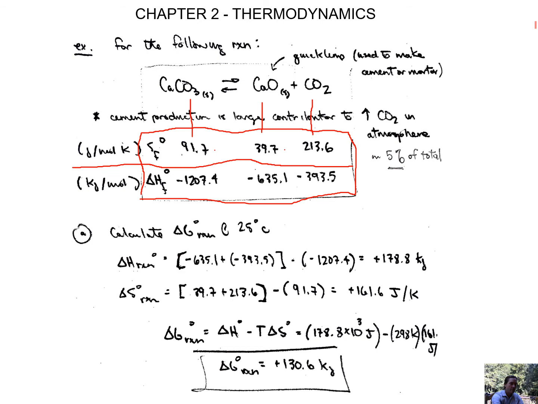They are in units of joules per mole K. And down here for delta H, for enthalpy in kilojoules per mole, I have these values. So when we do our calculations that combine entropy and enthalpy values, we have to just adjust the units so that they can be additive or cancel out.